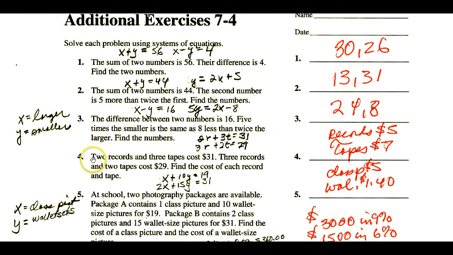Okay, number 4 here. 2 records and 3 tapes costs $31. This is straightforward. 2 records plus 3 tapes equals 31. 3 records, right there, and 2 tapes cost 29.